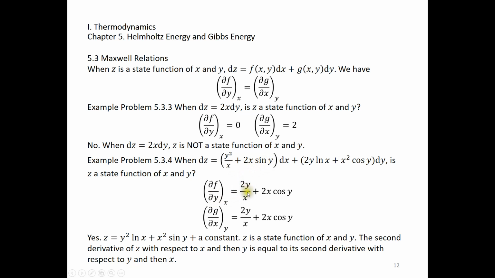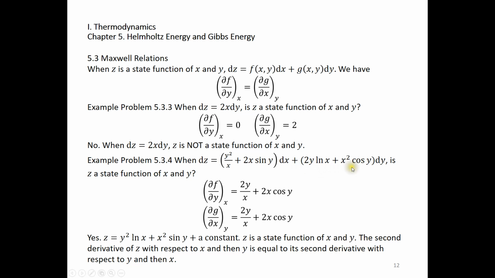The result is 2y over x plus 2x times cosine y. So you need to be able to take the derivative of y squared, which becomes 2y. The derivative of sine y is cosine y. What about x? x is treated as a constant.